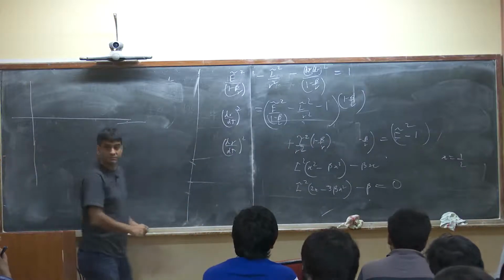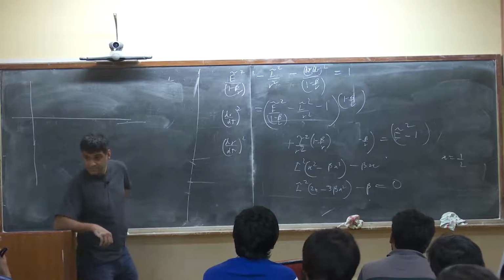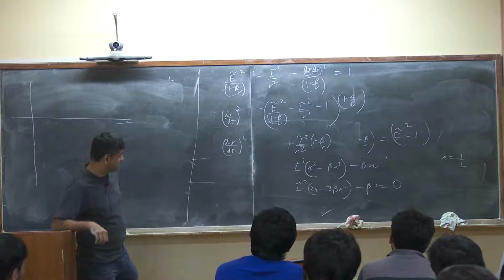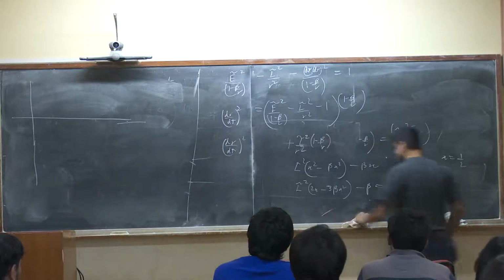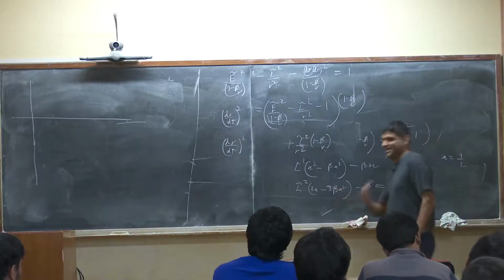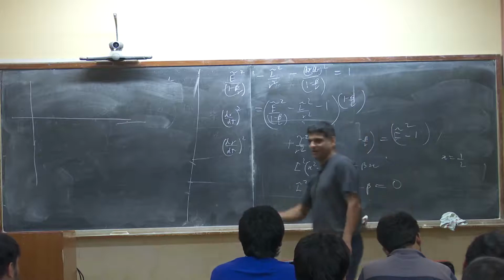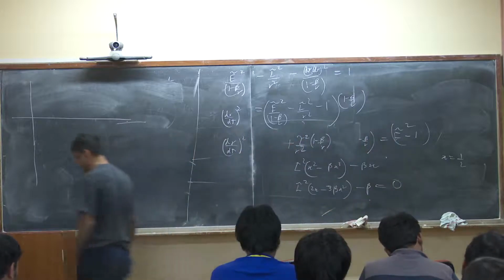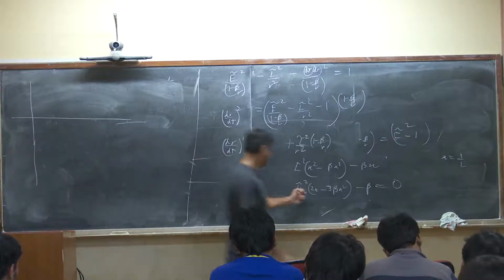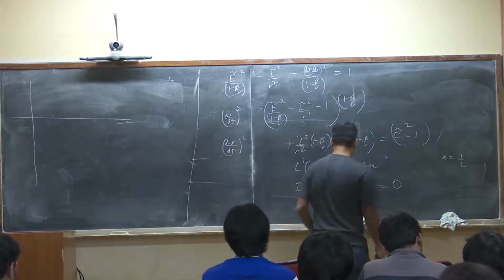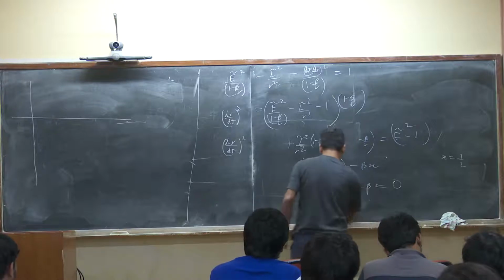So the relative value of L square and beta would dictate what form the potential is. Exactly. Beta is just the mass, of course. L is how fast it's moving.